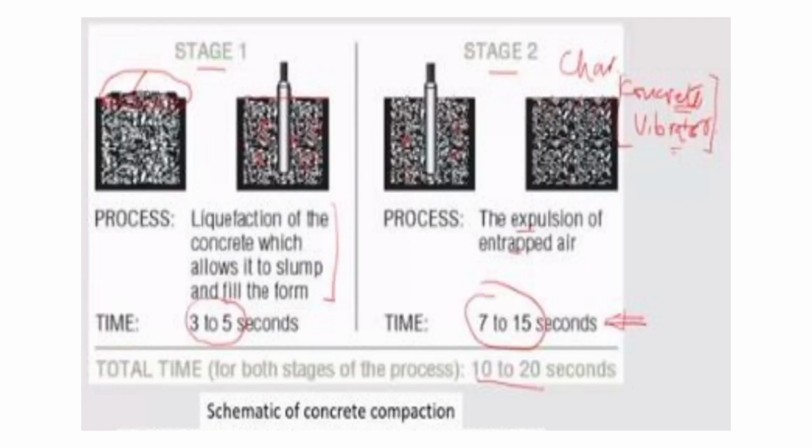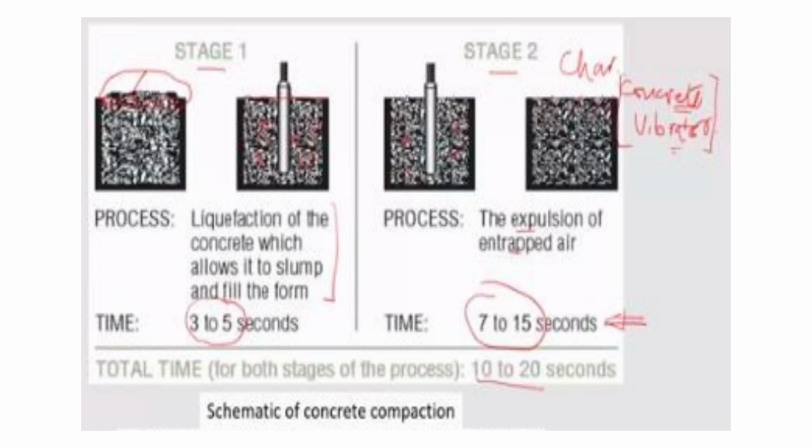So basically if we see there are two stages of compaction. So first is the process. In this process, liquefaction of the concrete occurs, which allows it to slump and fill the form. Okay, and it takes around 3 to 5 seconds for the first stage to complete. And the second stage, the expulsion of entrapped air is done.